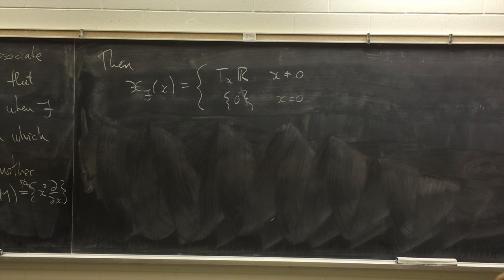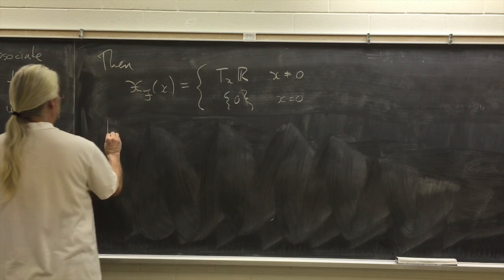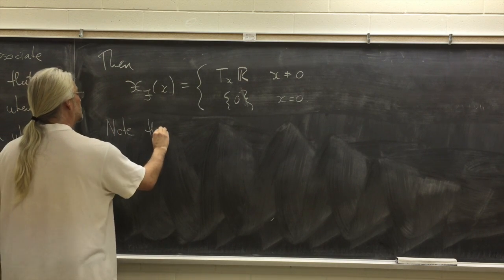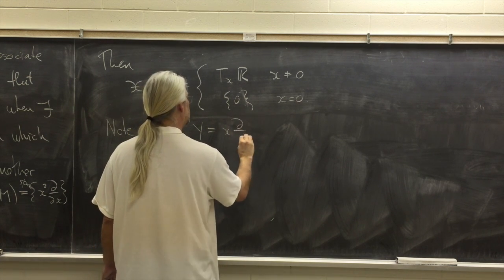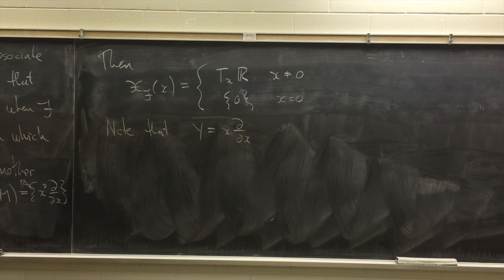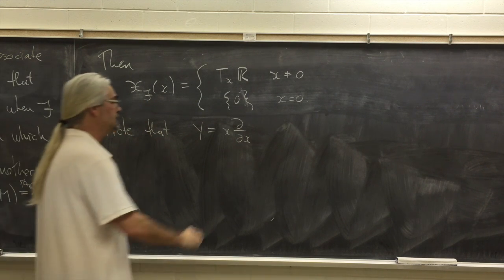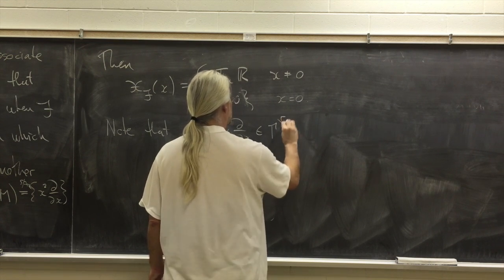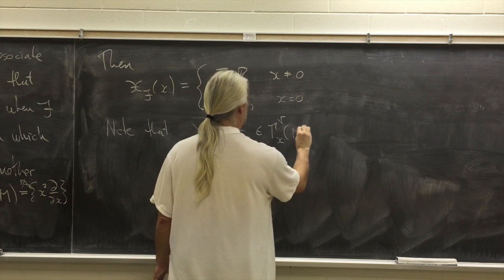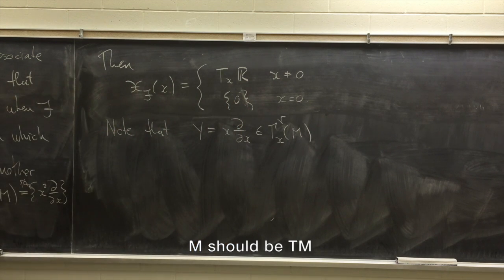That's the differential inclusion. Now consider the vector field y, which is just x d/dx. This is a global section of this differential inclusion, smooth, analytic even, right? But y is not in here.